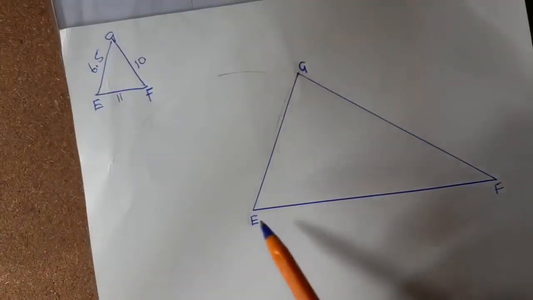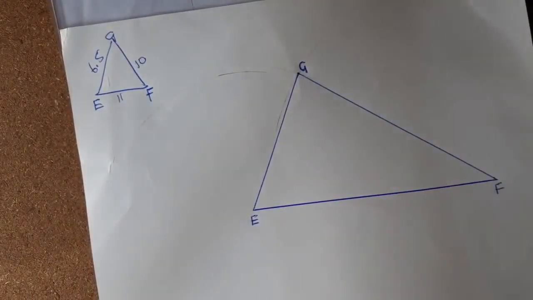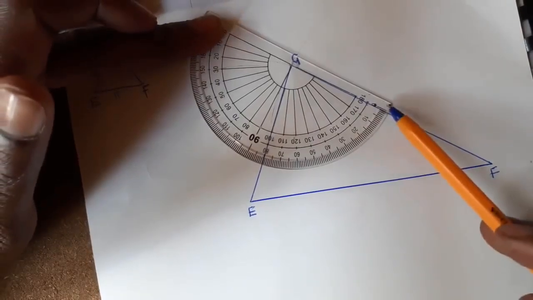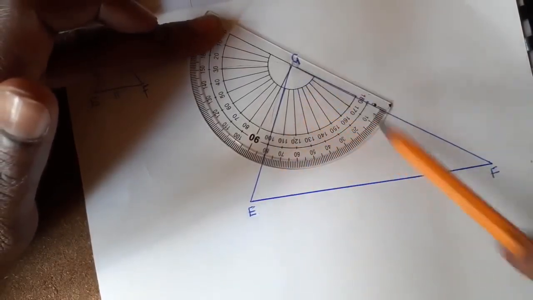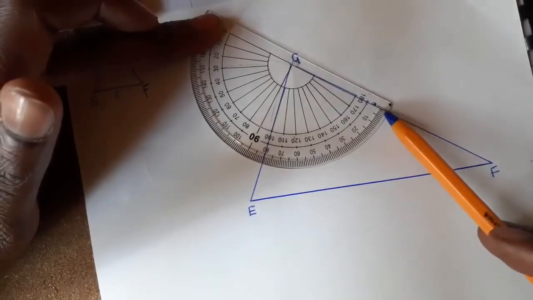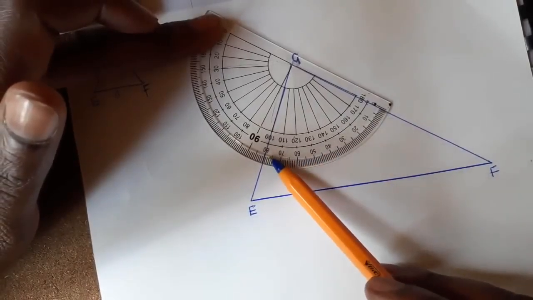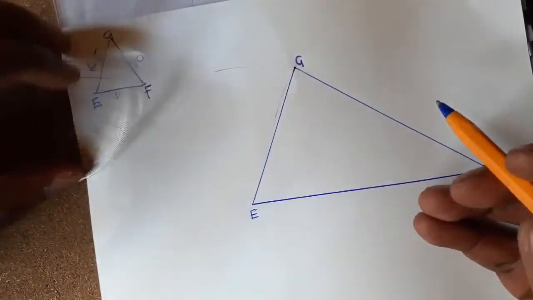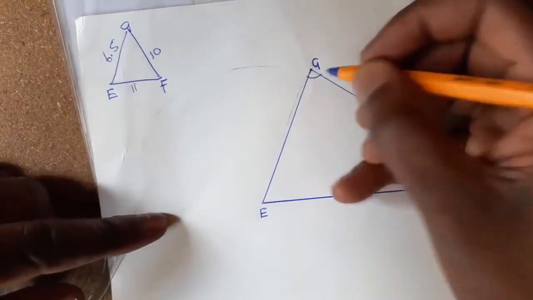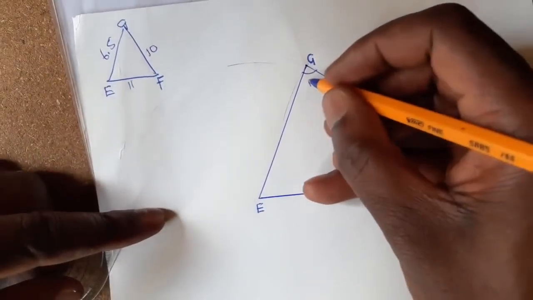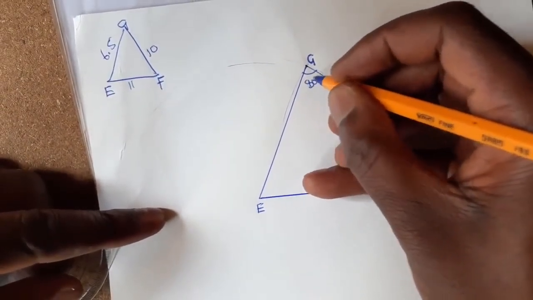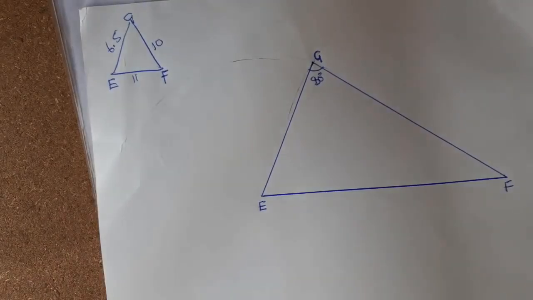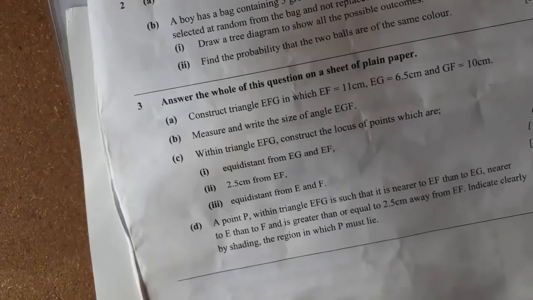So the angle that they're asking us to measure is EGF. So if you read from 0 here up to this point, you'll discover that this is what? This is 80 degrees. Okay? So this angle here, it's 80 degrees. Okay, so we can move on to the next part.